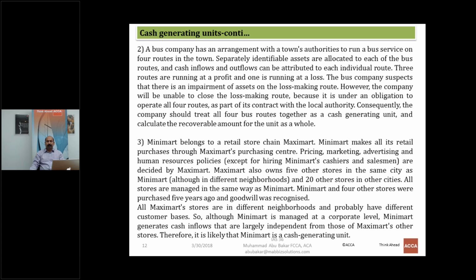Maximart also owns 5 other stores in the same city as Minimart, although in different neighborhoods, and 20 other stores in other cities. All stores are managed in the same way as Minimart is managed.